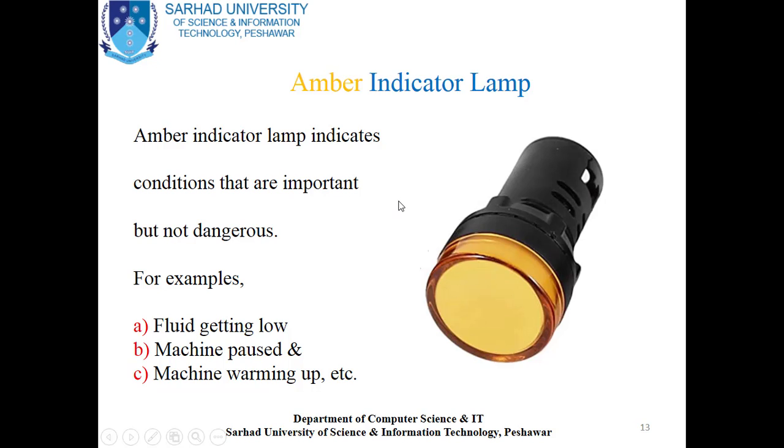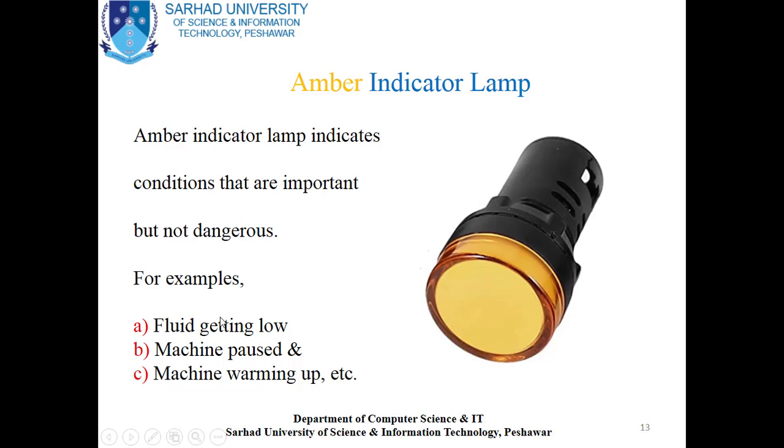If the machine has paused, that condition can be represented by an amber indicator lamp. If the machine is warming up, this condition can also be represented by an amber indicator lamp which glows.